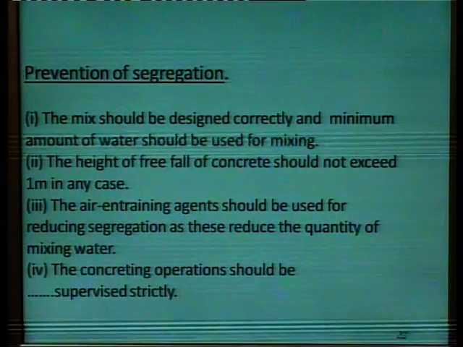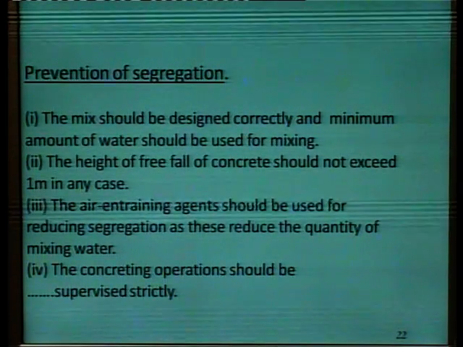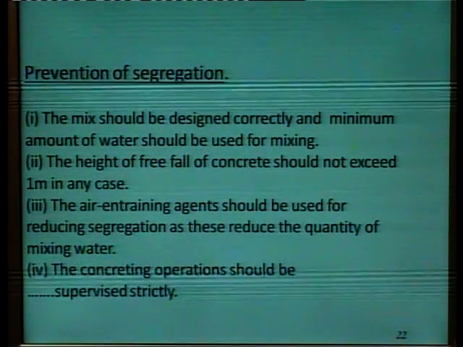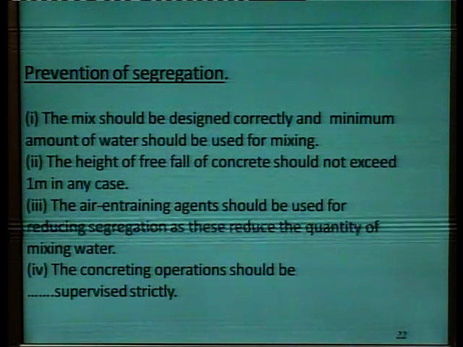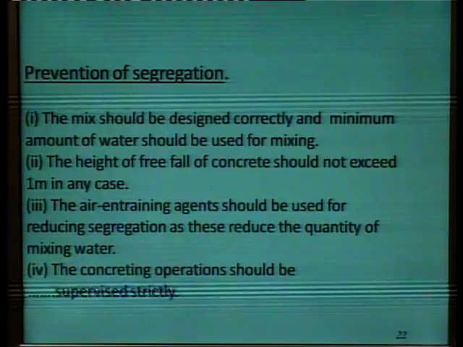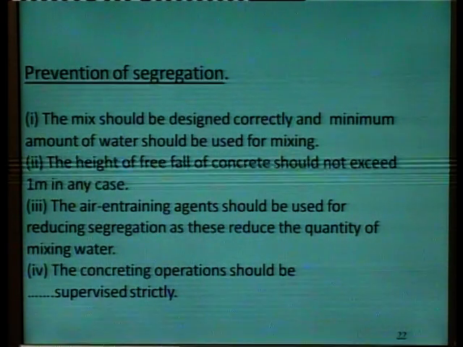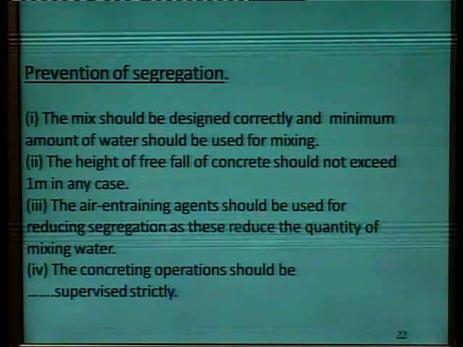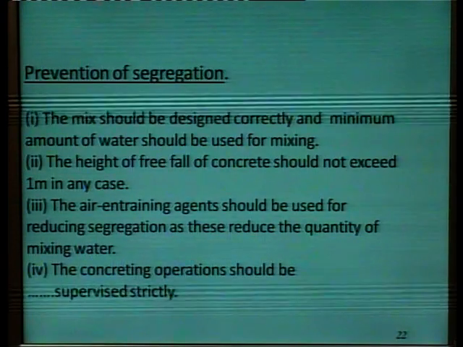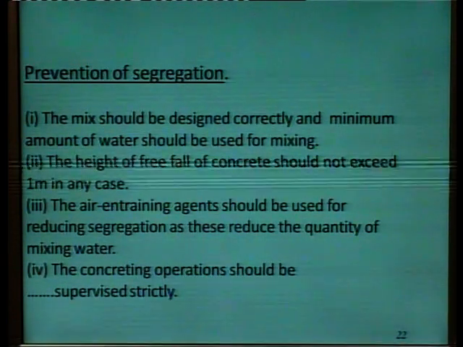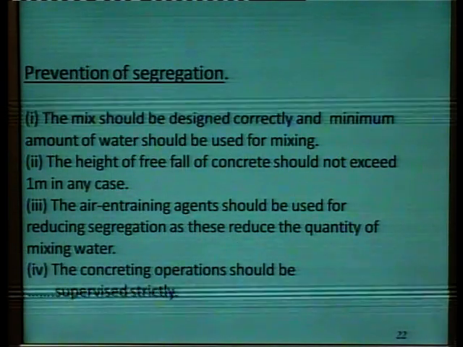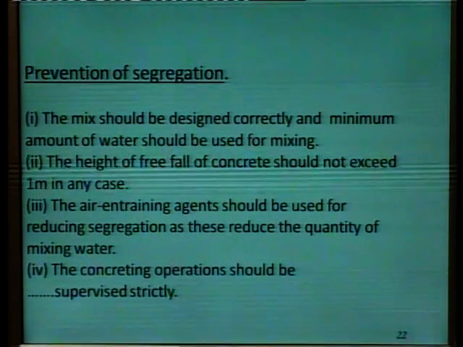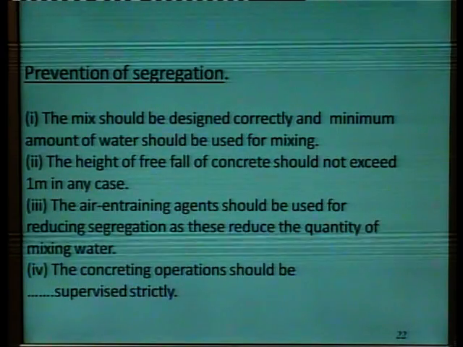Third, the air entraining agents should be used for reducing segregation, as these reduce the quantity of mixing water. Fourth one is, the concreting operations should be supervised strictly.